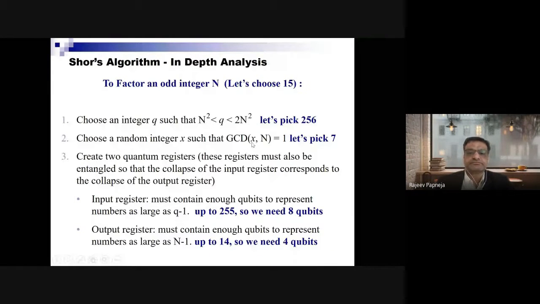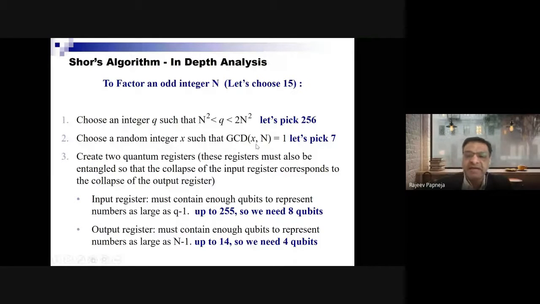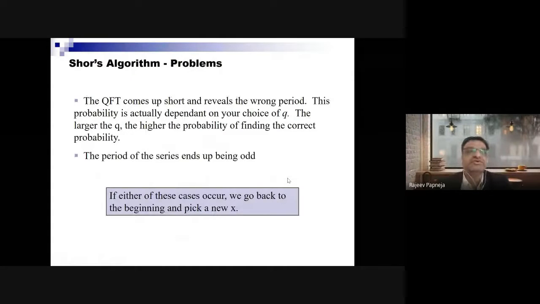Remember, we picked 7. Now we pick some other random integer where the greatest common divisor of that number and 15 is 1. We can pick 8 and then again do this whole thing, and this is the way Shor's algorithm factors the prime numbers.